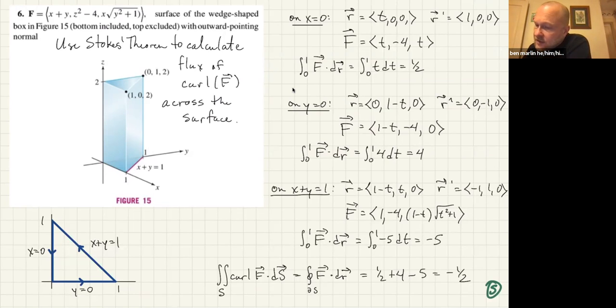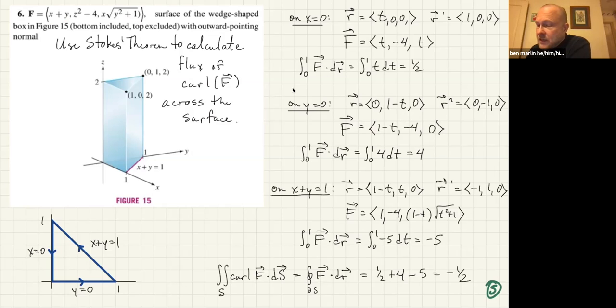So the question asks us to use Stokes' theorem to calculate the flux of the curl across the surface. Okay, so we could go through and calculate the curl of this and then take 1, 2, 3, 4 different surface integrals and add them up at the end.